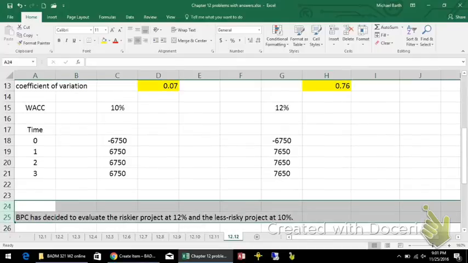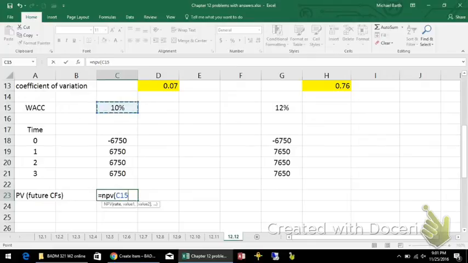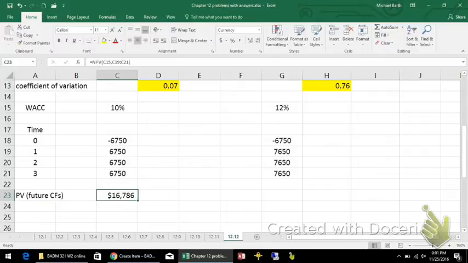So to get the NPVs of the projects, I need the present value of the future cash flows, and I'm using the risk-adjusted discount rates, and the initial outlay.